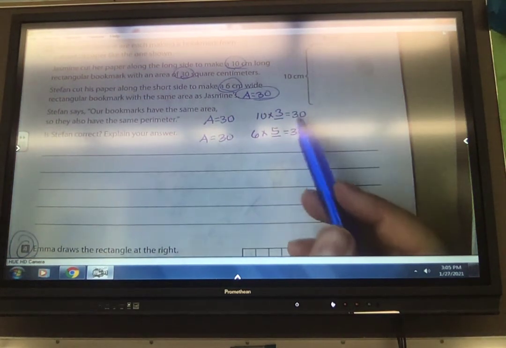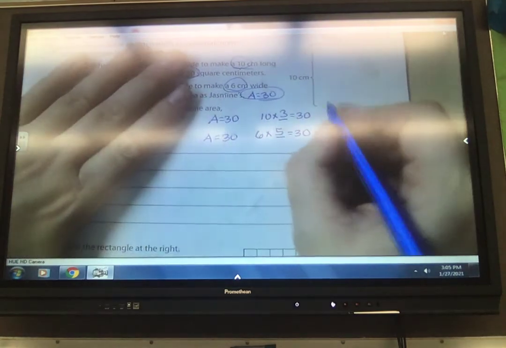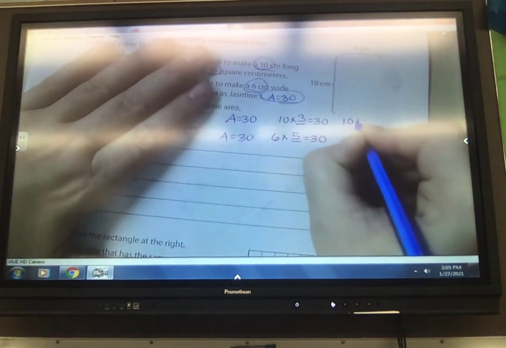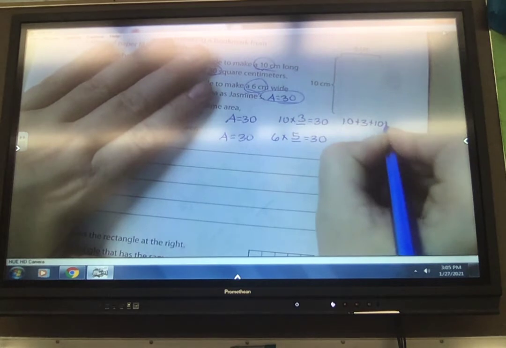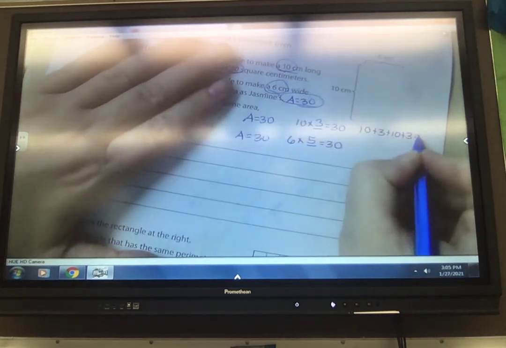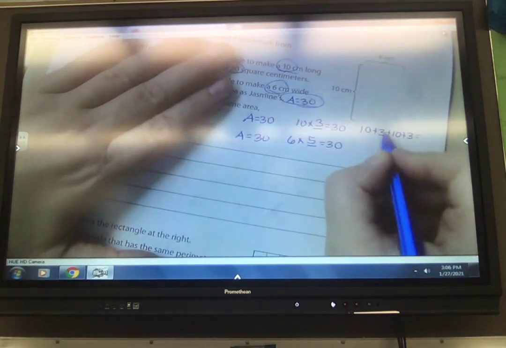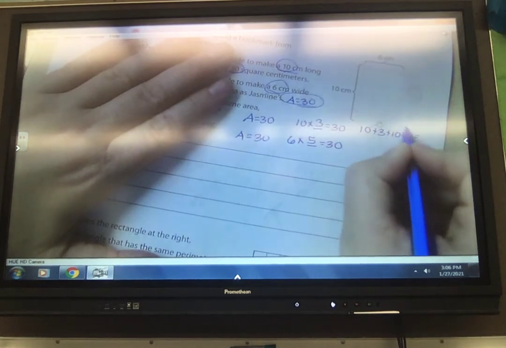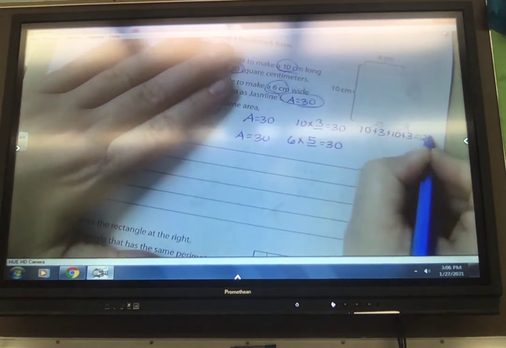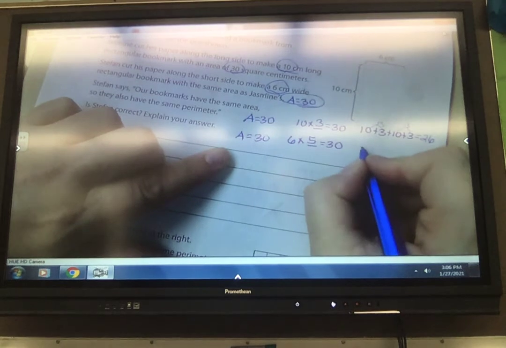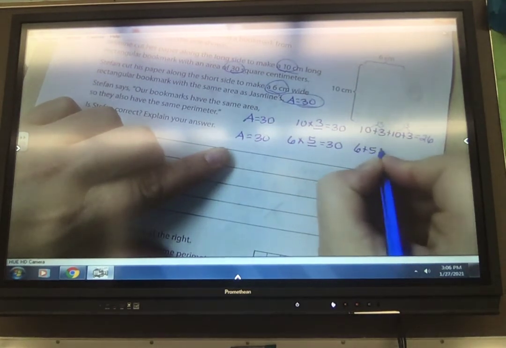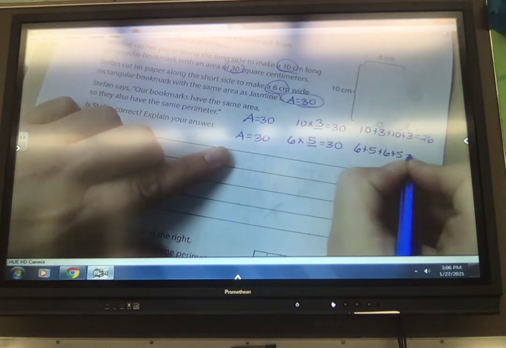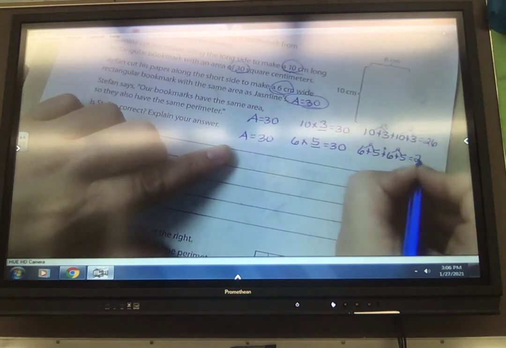So now I need to find perimeter. So we're going to add 10 plus 3 plus 10 plus 3. That's going to be 13 and 13, which is 26. And his is going to be 6 plus 5 plus 6 plus 5, 11 and 11, which is 22.